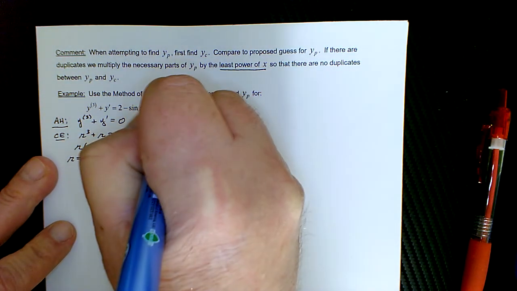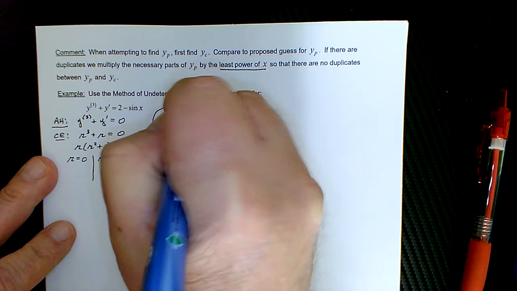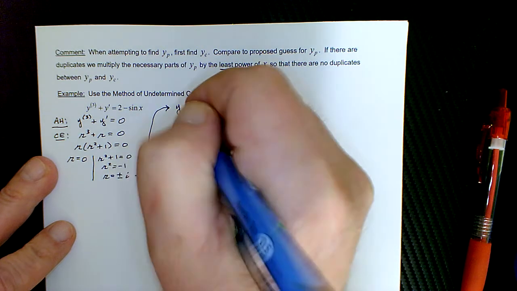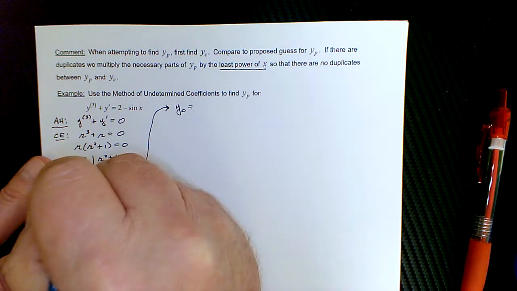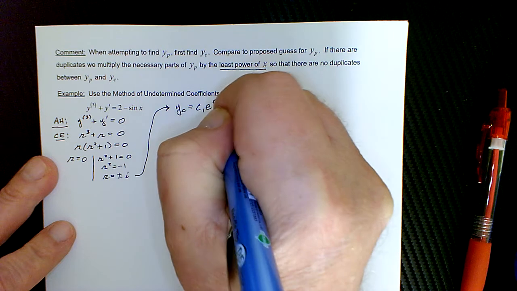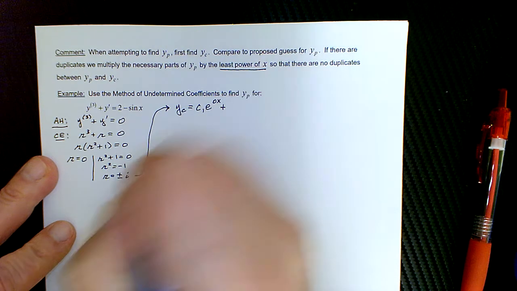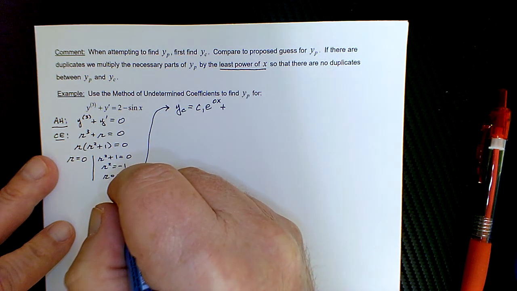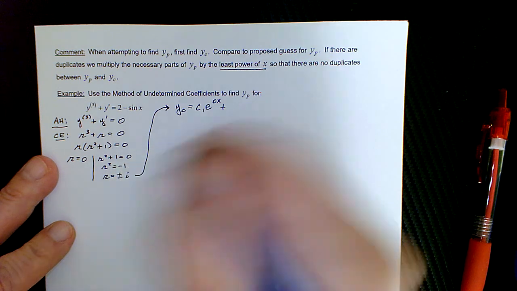Come up here for the complementary solution. It's going to be c1, because r equals 0 is real distinct, c1 e to the 0x. And then plus, here we have a complex conjugate pair, a plus or minus bi.